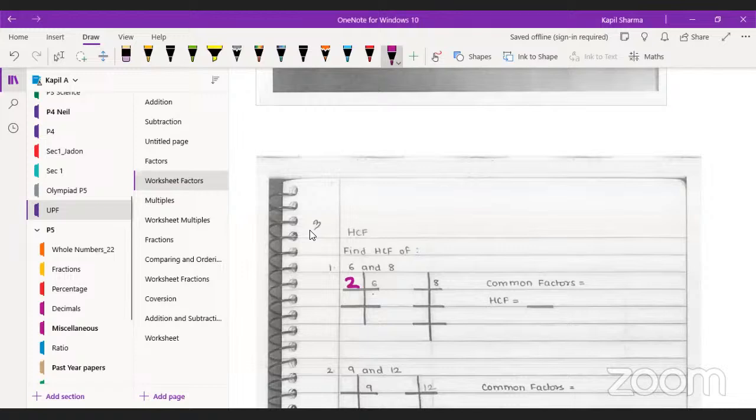We'll find the prime factors of 6 and then 8. So 6 is basically 2 times 3. 8 is 2 cube. So what is the HCF? Swastik?